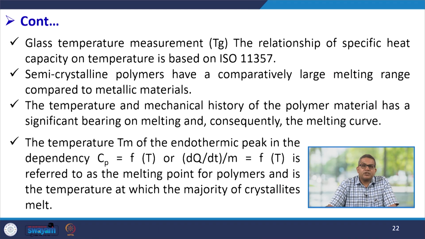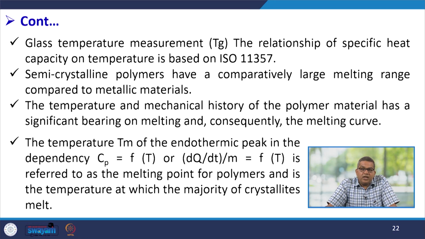Now, the glass transition measurement, the relationship of specific heat capacity on temperature, is based on ISO 11357, and semi-crystalline polymers have a comparatively large melting range compared to metallic materials. The temperature and mechanical history of the polymer material has a significant bearing on the material and consequently the melting curve.